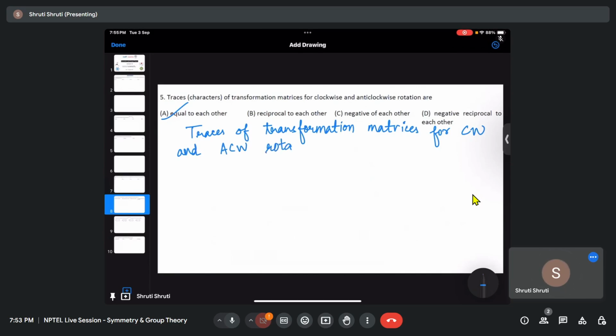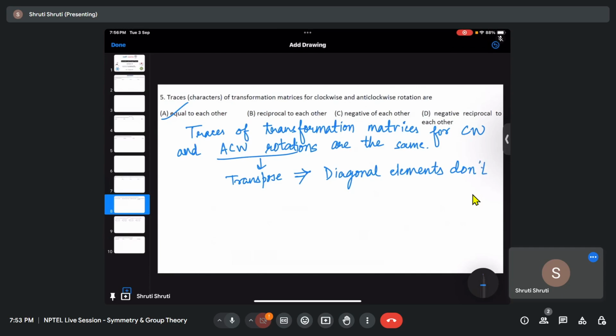Clockwise and anti-clockwise rotations are the same, because for anti-clockwise rotation it will be the transpose, and on doing transpose diagonal elements don't get changed.